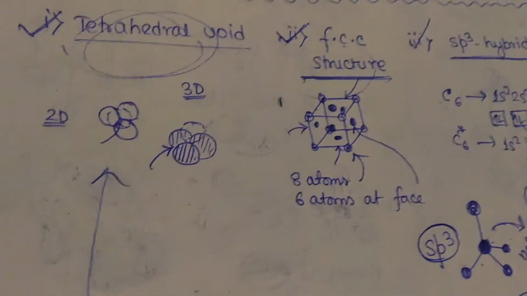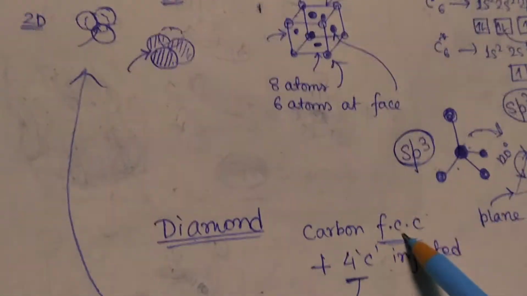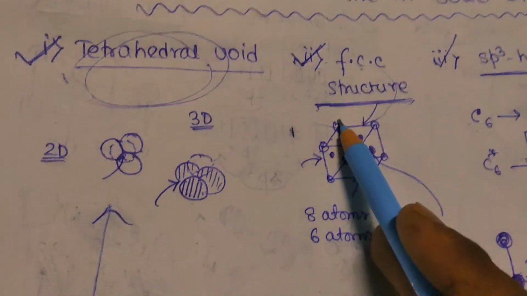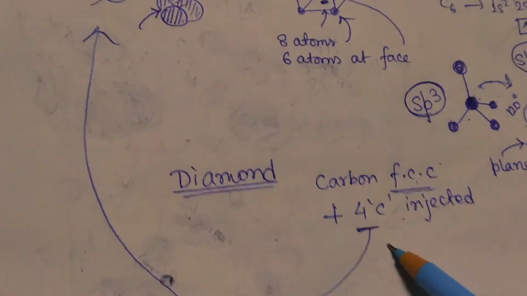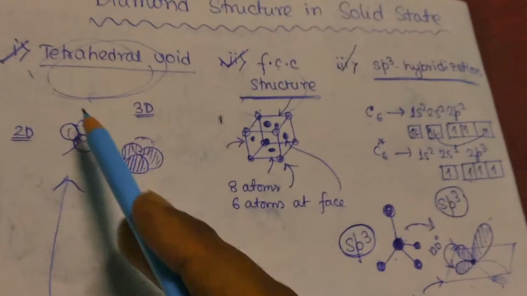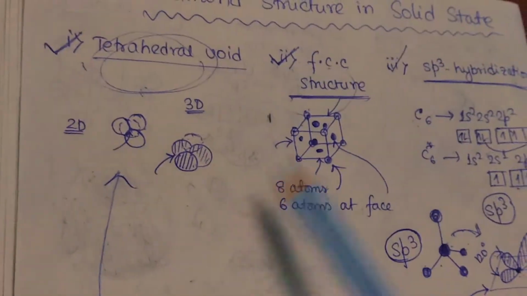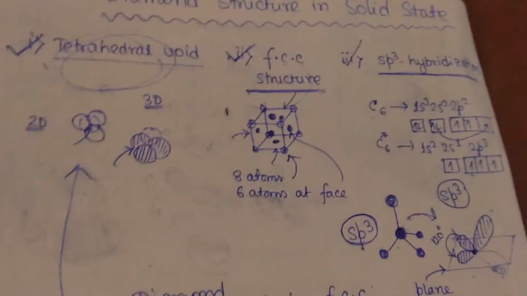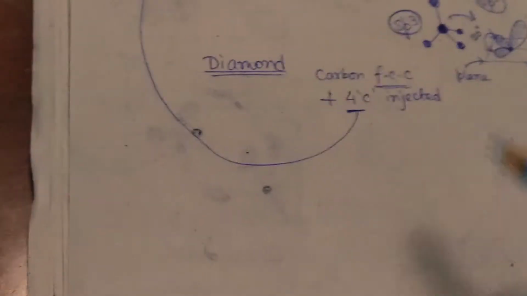So this is the FCC structure, and the additional 4 carbon atoms are injected into the tetrahedral void space. I think this is a bit complex, but I am going to explain it right here.